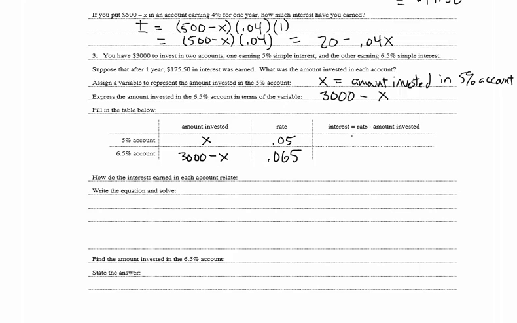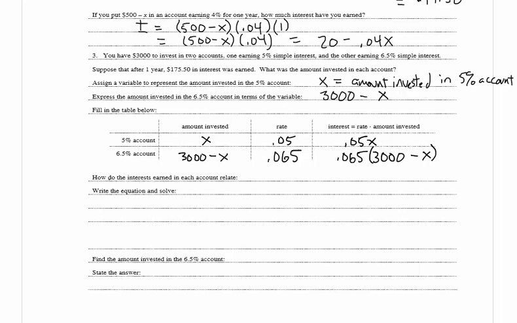And now if interest is equal to rate times amount invested, then we can say that I is equal to 0.05x for the 5% account and 0.065 times (3,000 minus X) in the 6.5% account.